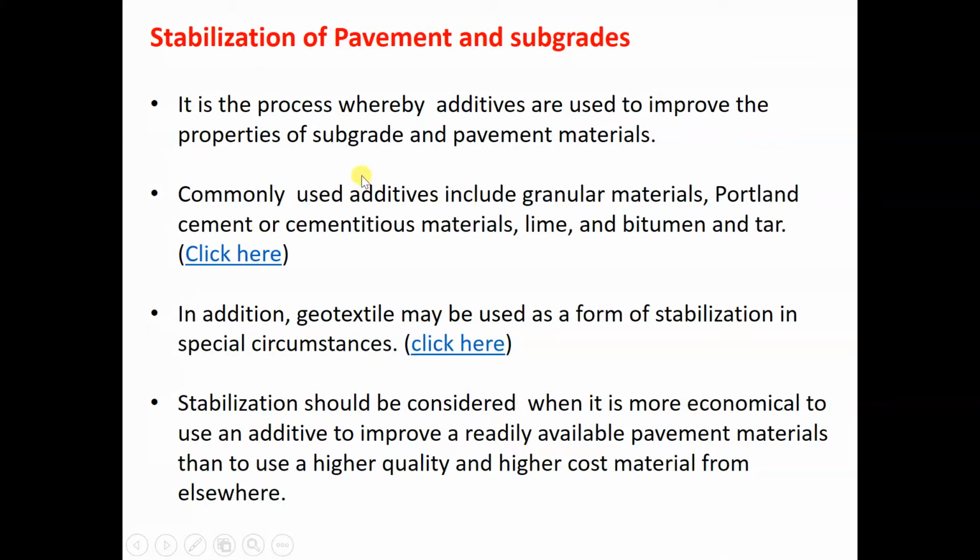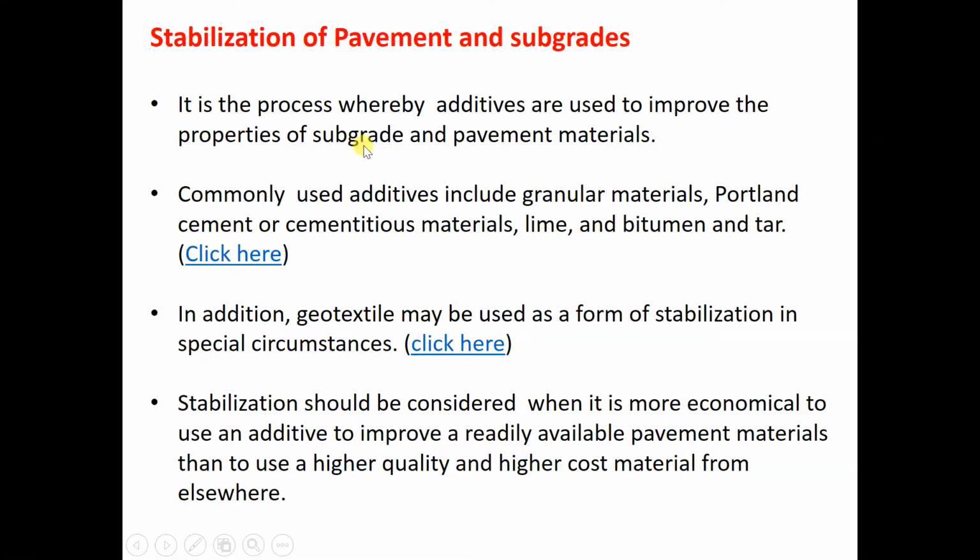This stabilization is a process whereby additives are used to improve the properties of subgrade and pavement materials. So I think we talked about the pavement materials and subgrade before.